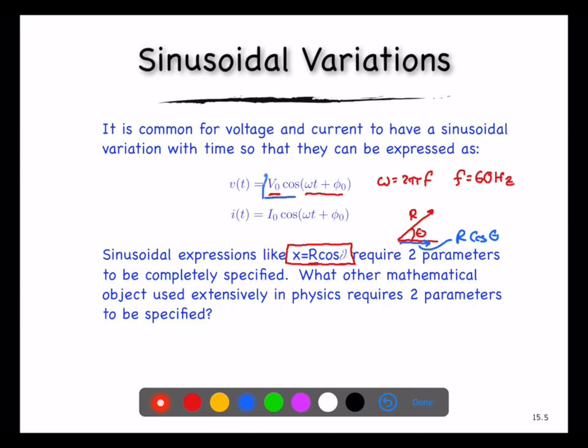So looking at this expression for an oscillating voltage, if we recognize that the angle theta is omega t plus phi, and the radius of this object in polar coordinates is V naught, then I can represent this time-varying voltage function by a vector written in polar coordinates that has a length of V naught and an angle of omega t plus phi.